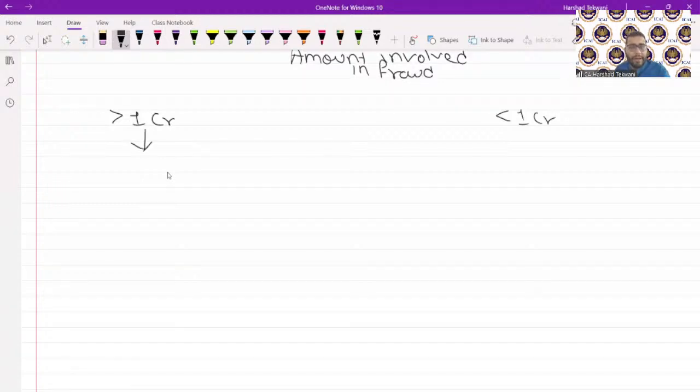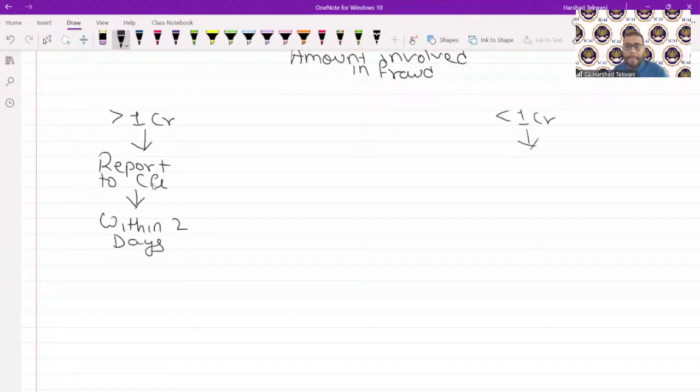So if the amount is greater than 1 crore, then report to central government within 2 days. If the amount is less than 1 crore, then report to audit committee, again within 2 days.